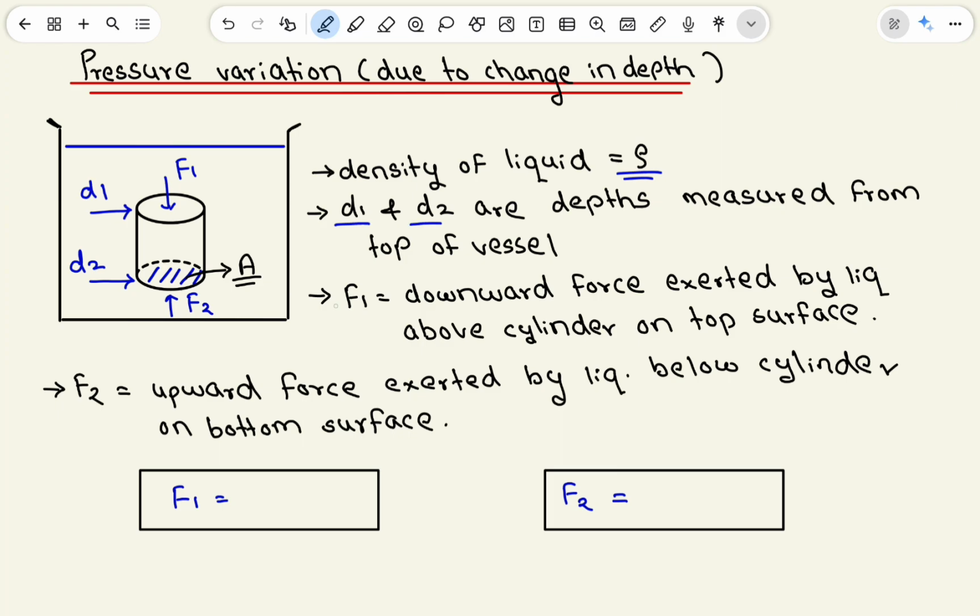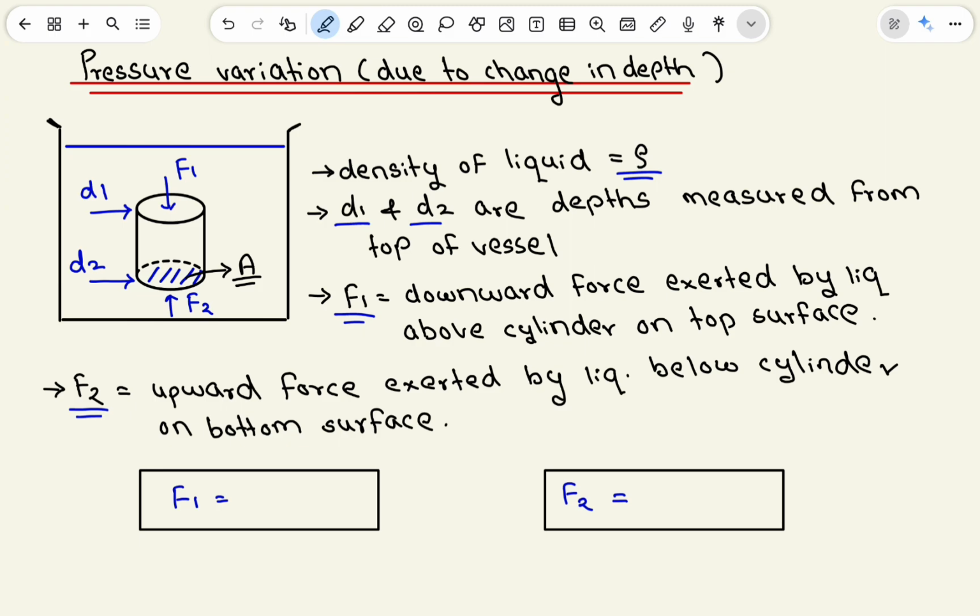If you see in the figure, there is a force F1. It is a downward force exerted by the liquid on the top of the cylindrical column, and the force F1 is acting on the top surface. Then we can see there is a force F2. It is an upward force exerted by the liquid which is below the cylindrical column and is acting on the bottom surface. Now, we know that pressure is force upon area.